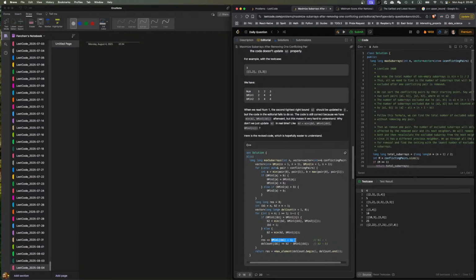It depends on the minimum, right? Depends on the minimum.